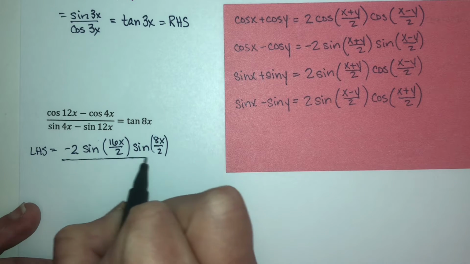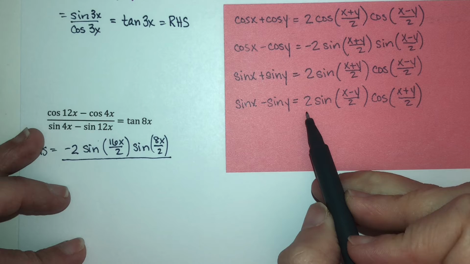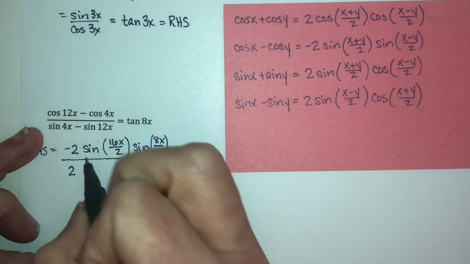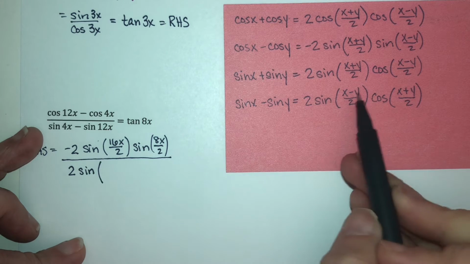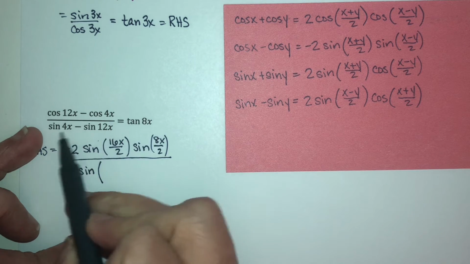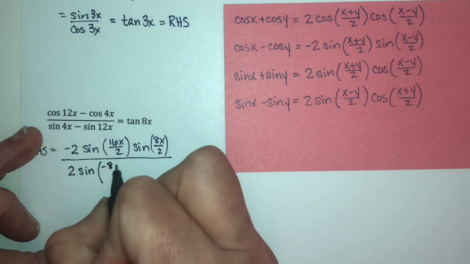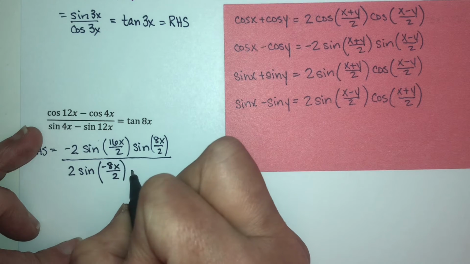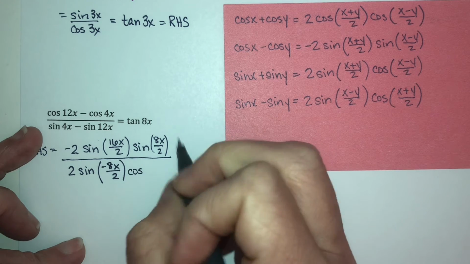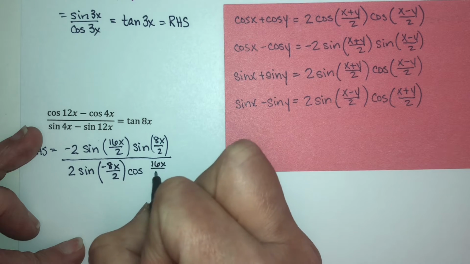This is over. Now do the same thing here with sines subtracted. So that is 2 sine of x minus y. Make sure you're using the correct order here. So 4 minus 12 is negative 8x over 2 times cosine of 4x plus 12x, which is 16x over 2.